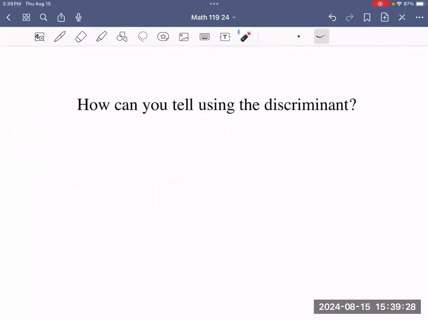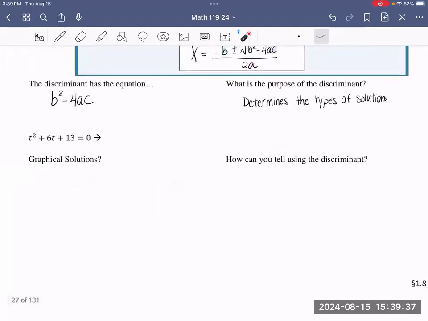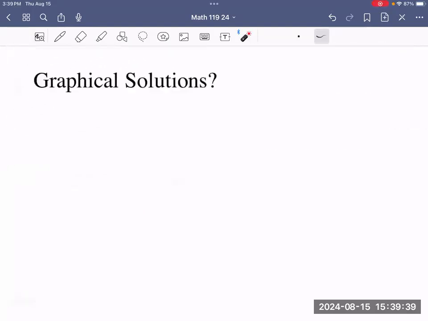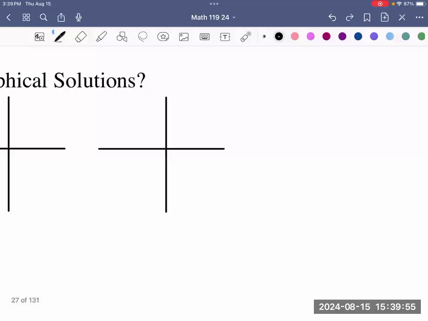So how can you tell using the discriminant what type of solution you have? Well, there are 3 types of solutions. Let's do graphical solutions first. Graphically, how many x-intercepts at most can your quadratic have?